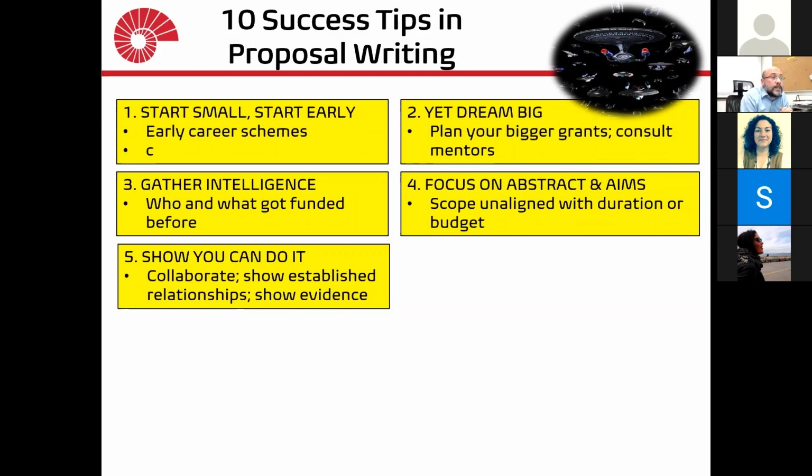Get their feedback. If you have co-investigators, don't let them appear in name only. Show working relationships with them in the proposal. Present also evidence that you have conducted smaller scale, similar work that you are writing the grant proposal on. This is important.